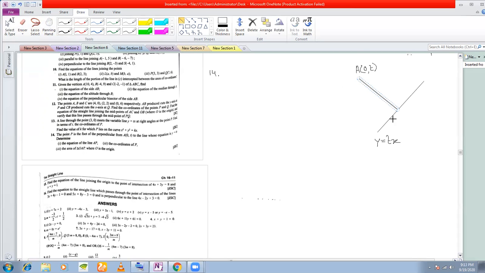P is the point of intersection, and this P is the foot of the perpendicular. The question is first to find the equation of the line AP.